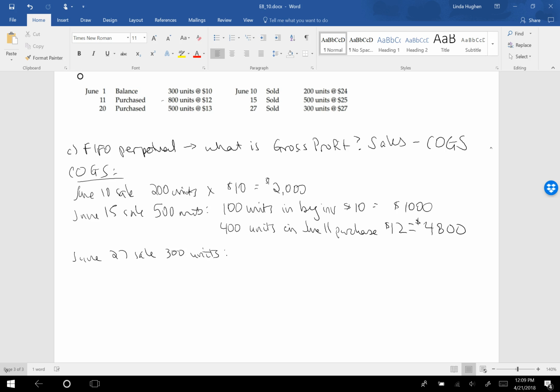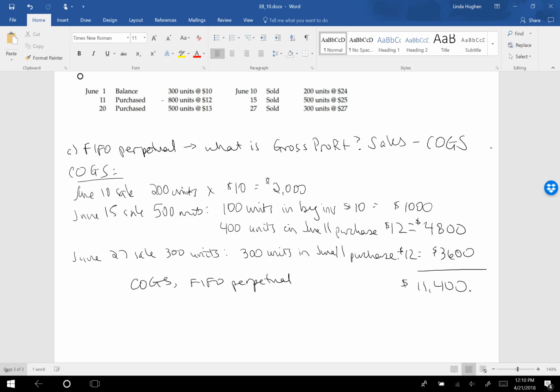We sold 300 units from the June 11th purchase, and that was at a cost per unit of $12 per unit, so $3,600. So the cost of goods sold under the FIFO perpetual method is 1,000 plus 4,800 plus 3,600, 11,400.